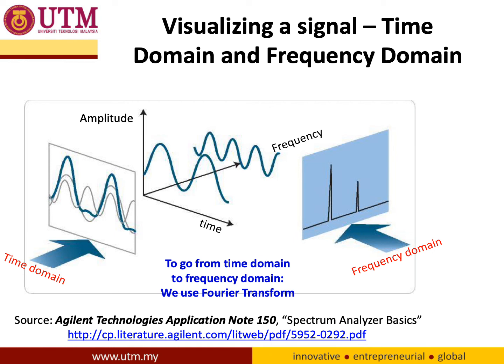The so-called spectrum of frequency components is the frequency domain depiction of the signal. However, as the name implies, the inverse Fourier transform, which we'll cover later on, converts the frequency domain function back to the time function. This slide shows how we can visualize a signal in time domain and frequency domain. To go from time domain to frequency domain, we use Fourier transform.